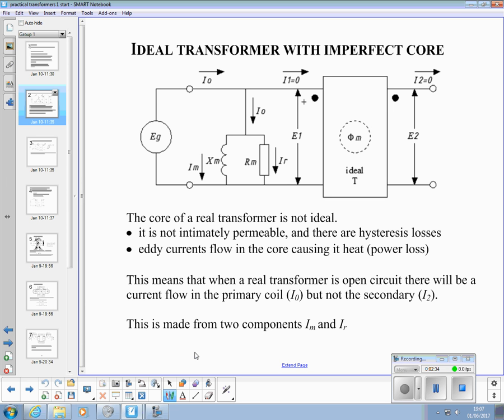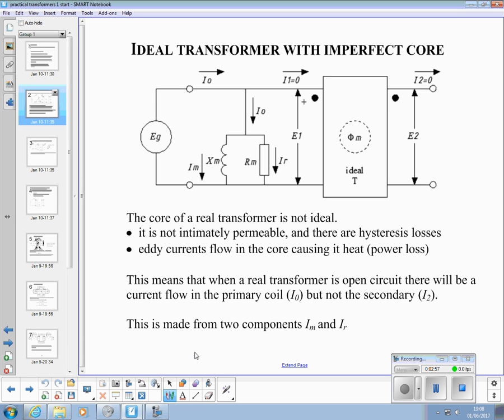The secondary is open circuit. It will draw some current. That current is what's heating the windings up, magnetizing the core, and causing the eddy currents to flow in that core. It's a loss. How can we represent that?